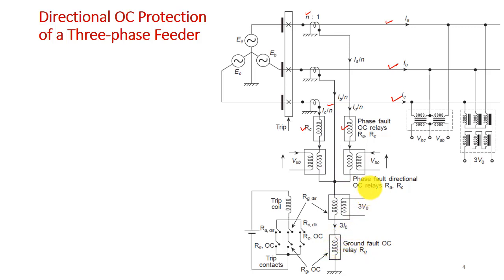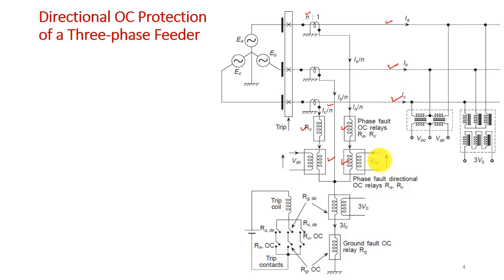Similarly, for the directional element, or the directional overcurrent relay, these two relay coils will excite. One is the potential coil of RC and the other is the potential coil of RA, which are fed by VAB and VCB.